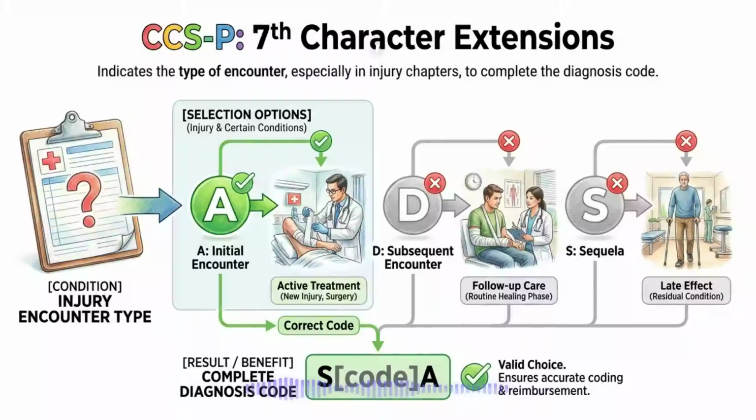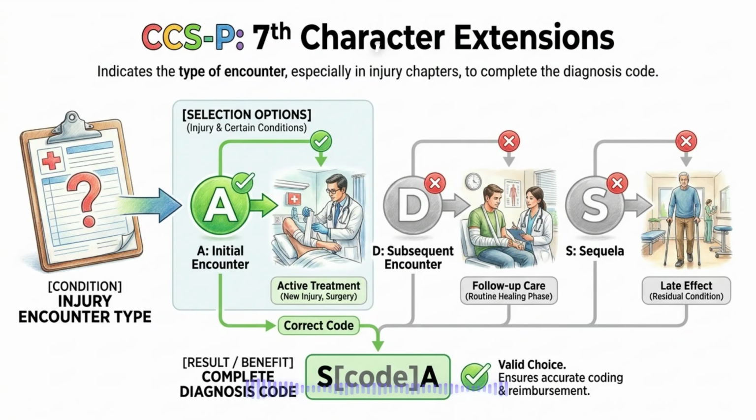Certain chapters in the code book, especially the injury chapter, require a special 7th character extension to indicate the type of encounter. This 7th character is usually a letter, and the most common ones you will see on the exam are A, D, and S. The letter A stands for an initial encounter, which means the patient is receiving active treatment for a new injury.